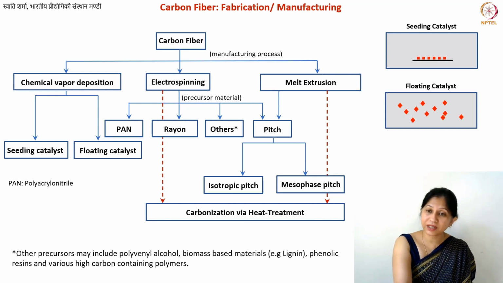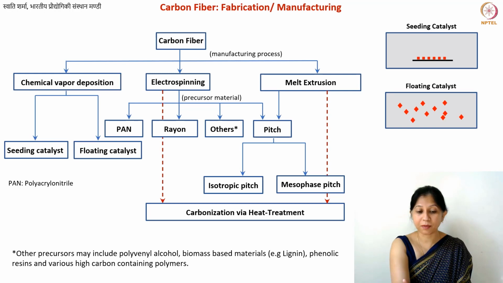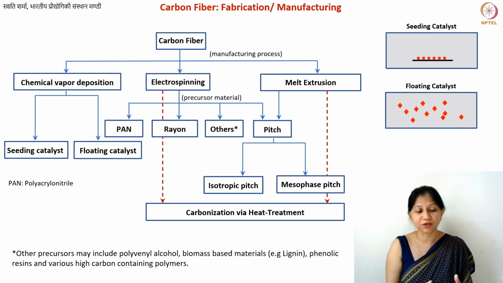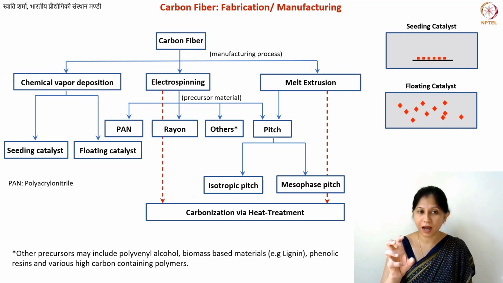So you can use these techniques for spinning various types of fibers. For biological applications, especially for making different types of membranes, electrospinning is used very extensively. So in the next couple of lectures, we are going to learn about these individual techniques more specifically.